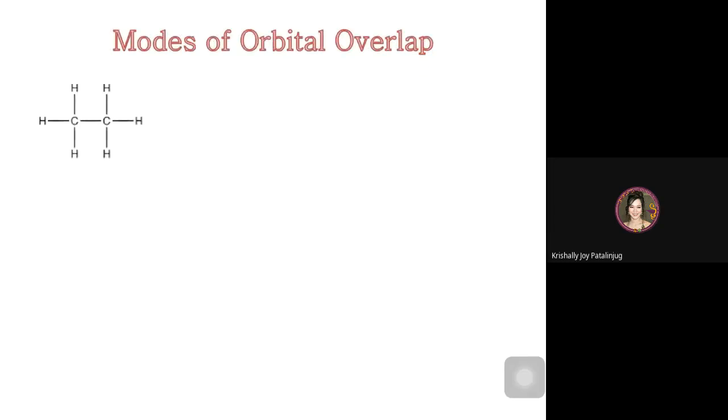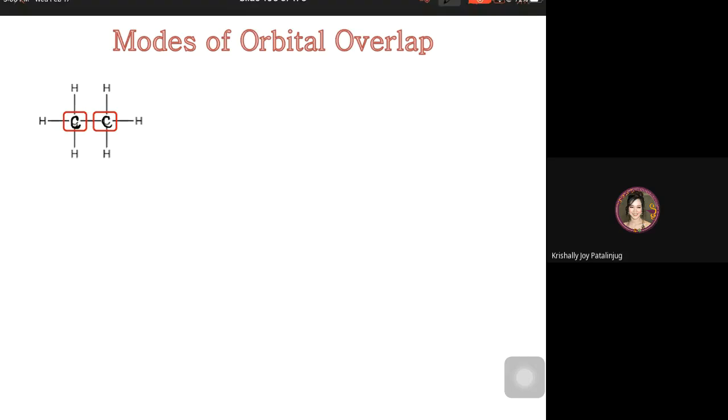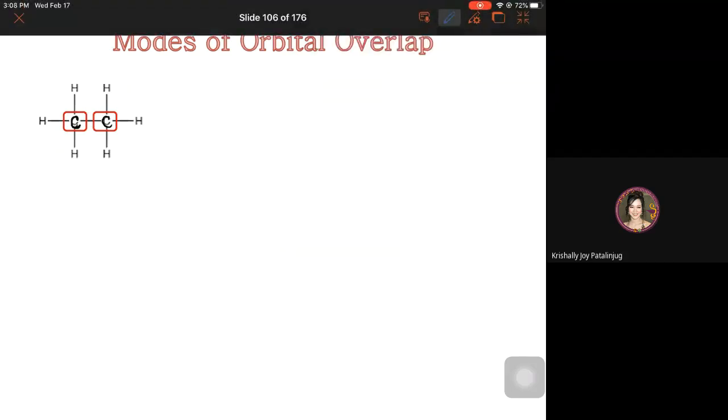Now observe that in this molecule, each of the carbons is in a tetrahedral shape. Right? This carbon has four electron groups. Alright?